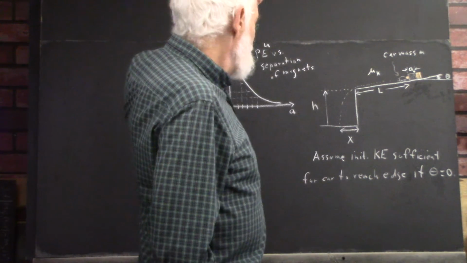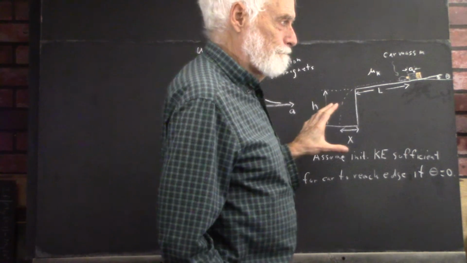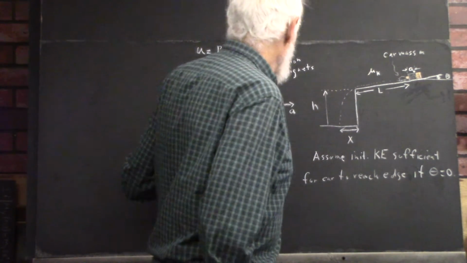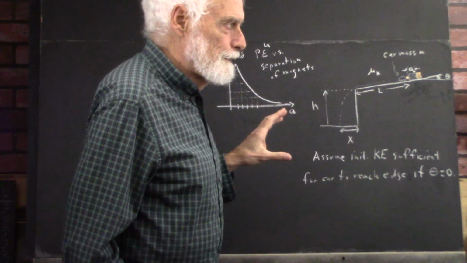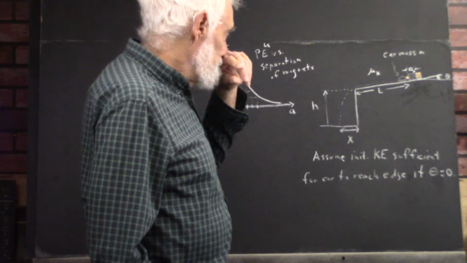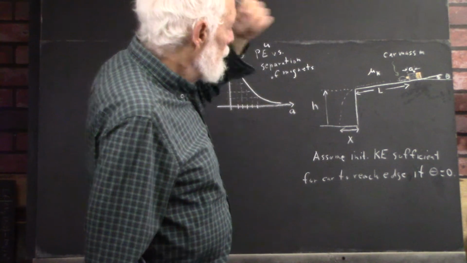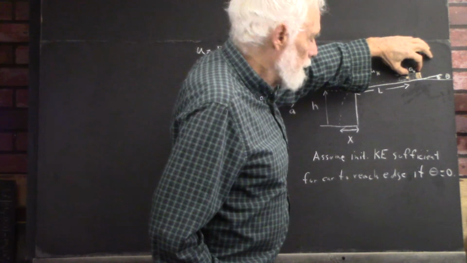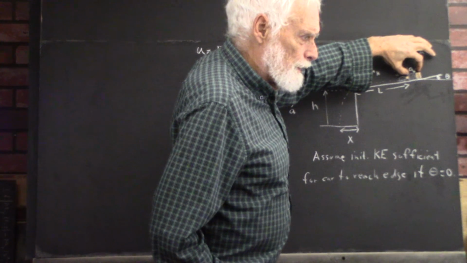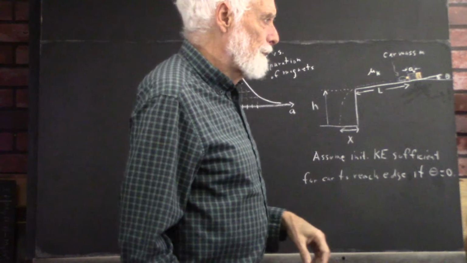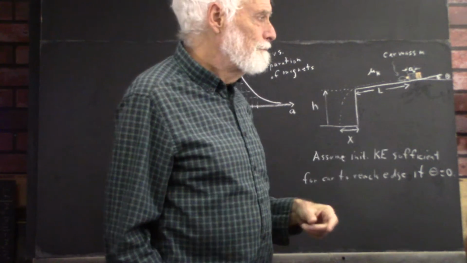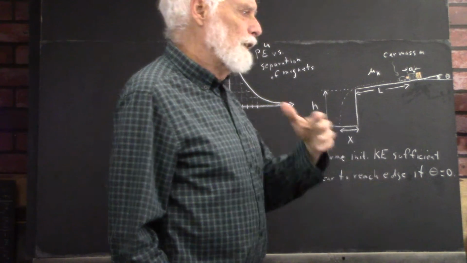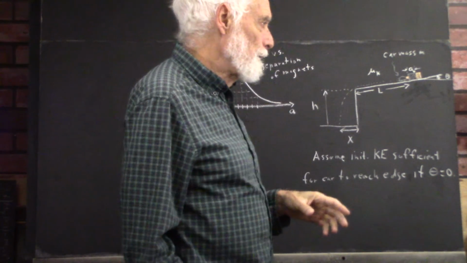Okay, so we've got all this stuff going on, and we want to break it down. So let's just say, if we know the potential energy of this thing, what can we then determine? I've got the camera going, so I'm not going to wait a long time for this.